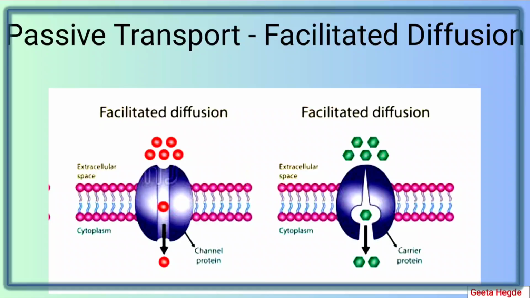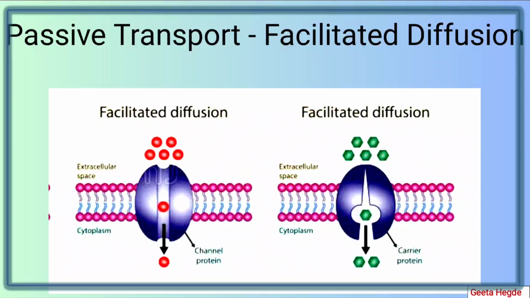Now what are carrier proteins? These carrier proteins bind specifically to the molecule which they transport. They undergo a conformational change, and this helps in shuttling the molecule across the membrane. The function is, unlike the channel proteins, the carrier proteins are not always open. They operate through a binding and release mechanism.